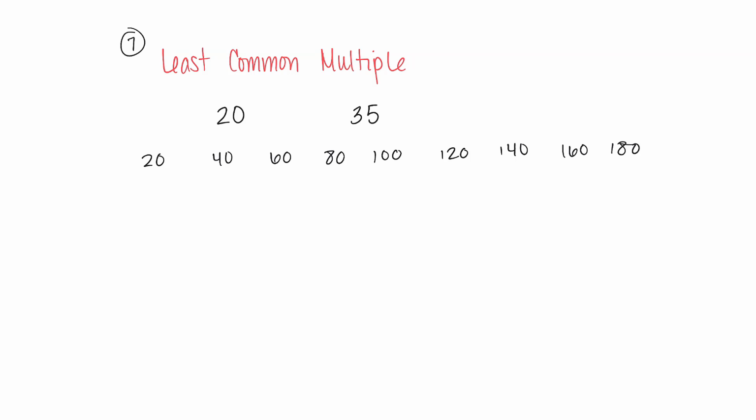Okay, we'll just go a little bit out there and then we'll start counting by 35s. 70, 105, 140, 175, and we'll stop there because I can clearly see here the first number that they're going to meet, the smallest that they share in common, is 140. Okay.